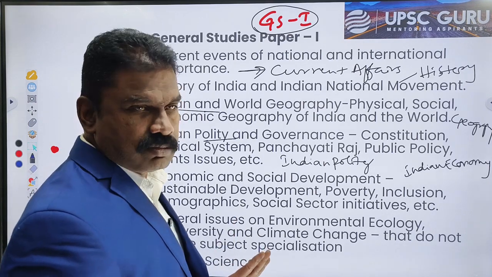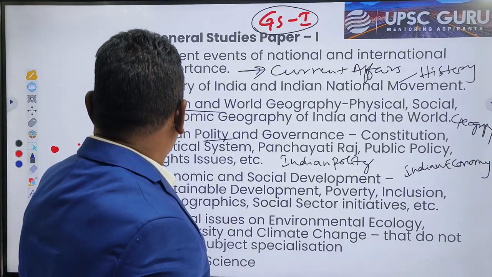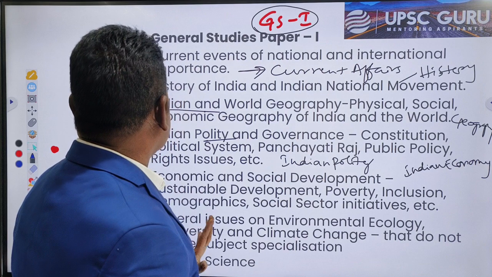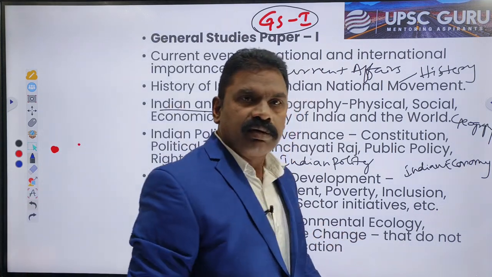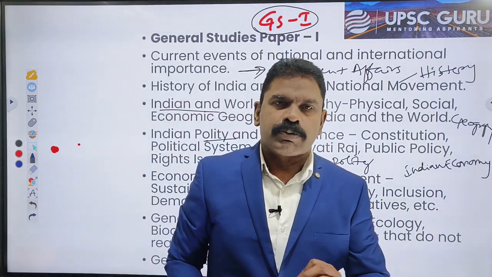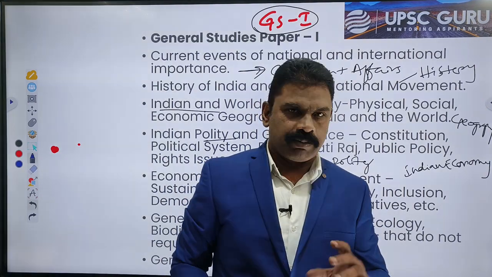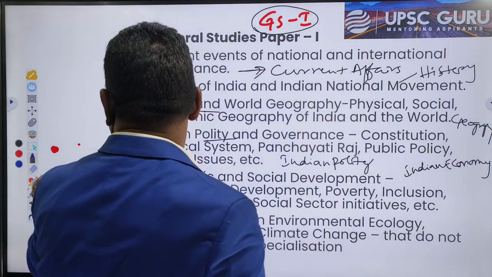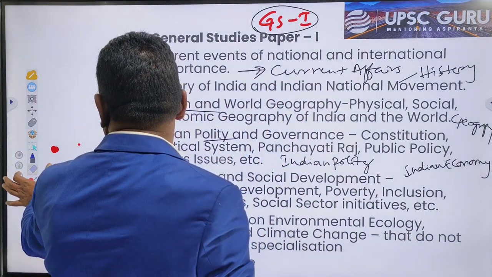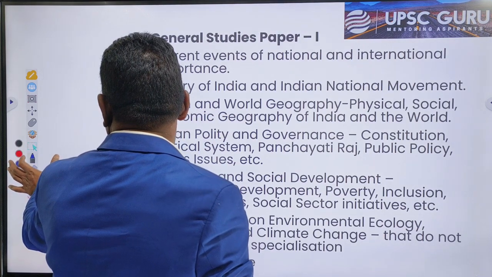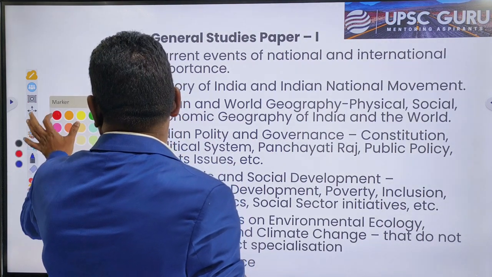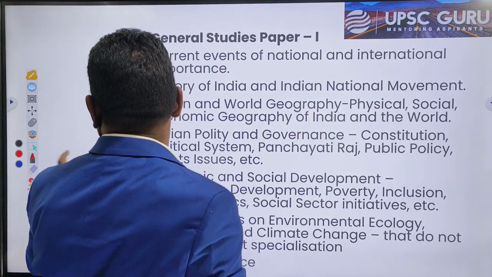Finally, general science. There are 1, 2, 3, 4, 5, 6, 7 topics in the civil services preliminary examination of GS paper 1. I will tell you simply how it is going to be in the exam and how we have to prepare for this.